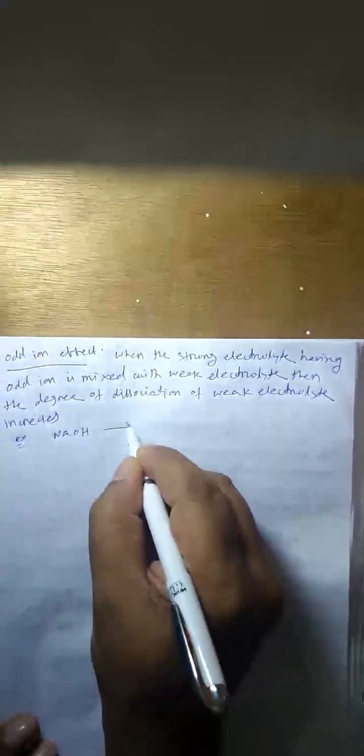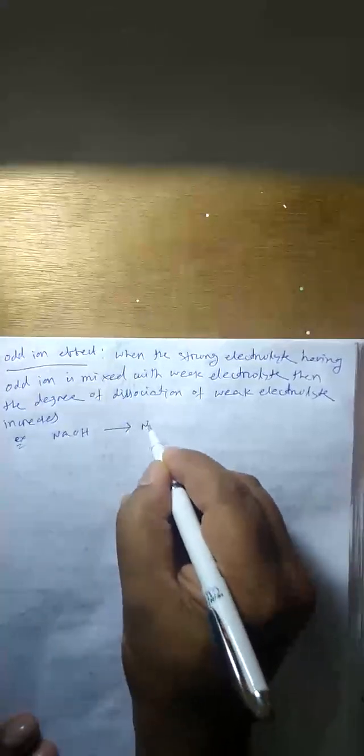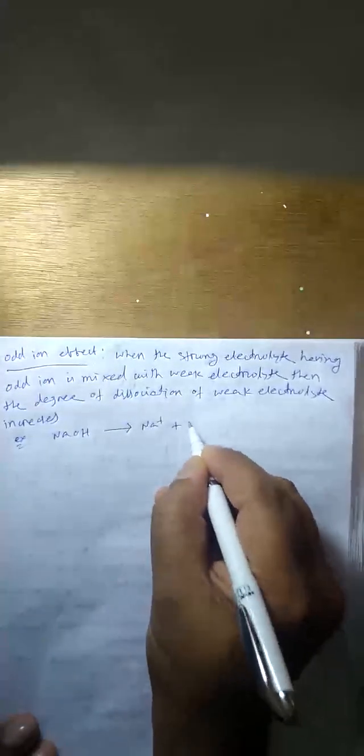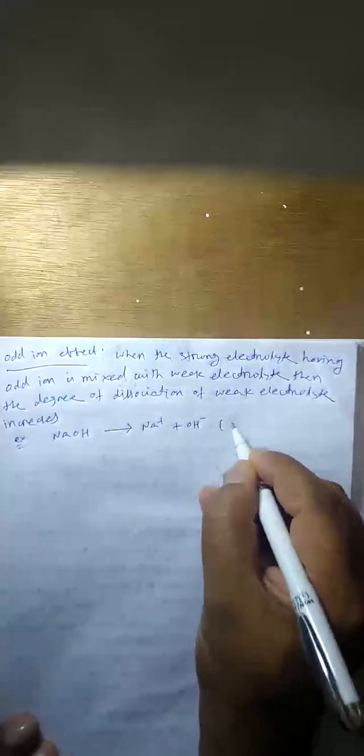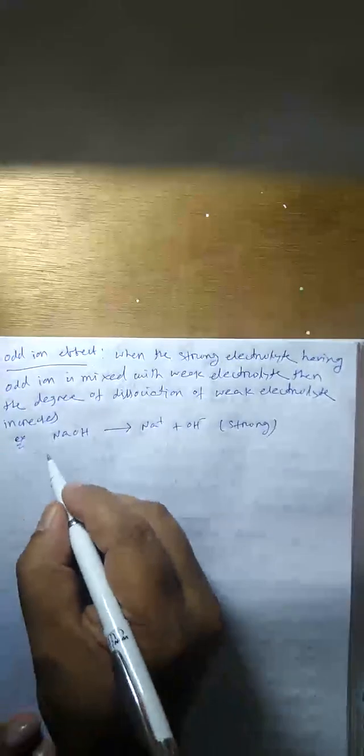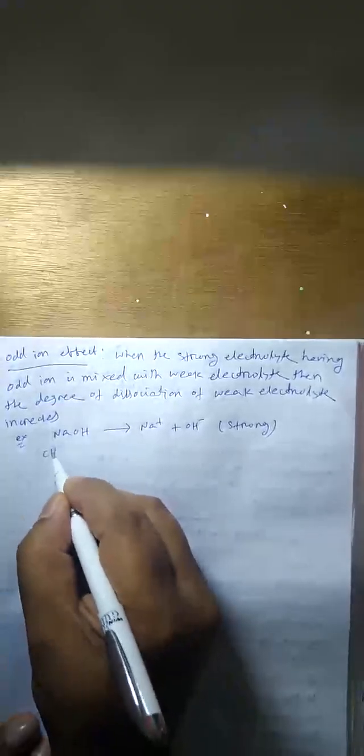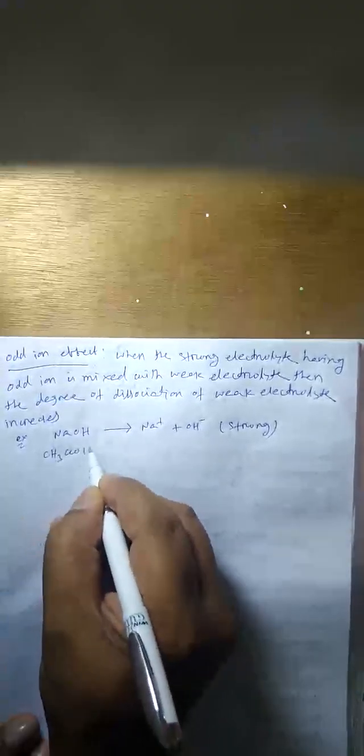Suppose we add sodium hydroxide. It is a strong electrolyte, completely ionized. And suppose we take the same weak electrolyte, acetic acid.